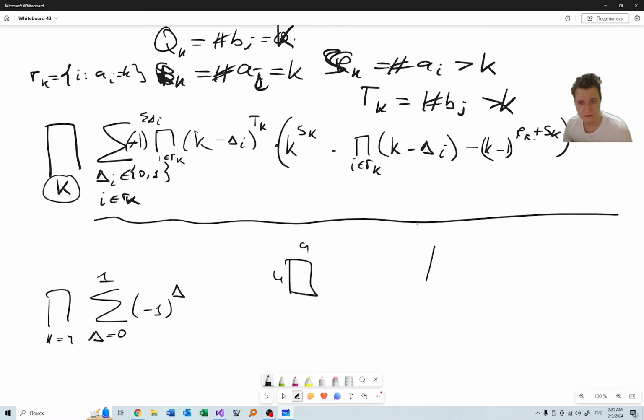So then I have this to the power of 1. So here I have 4 to the power s_k, which is 0, times the product of k minus delta_i's, which is simply 4 minus delta. And then I subtract 3 to the power r_k plus s_k, which is again 1.